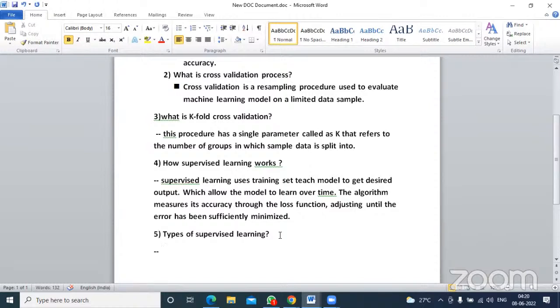Classification and regression are the types of supervised learning. There is a bit of confusion. These, like KNN, are the algorithms we use to train our model in supervised learning.